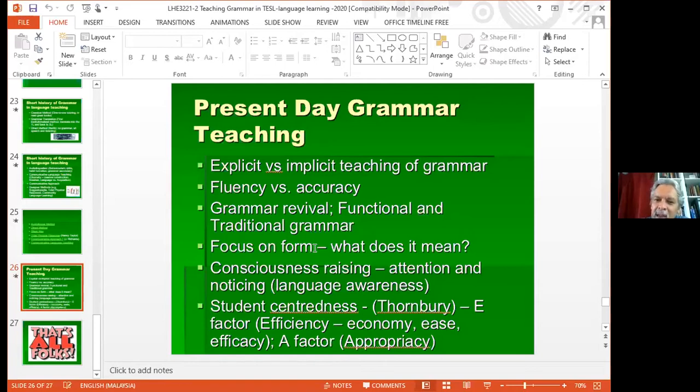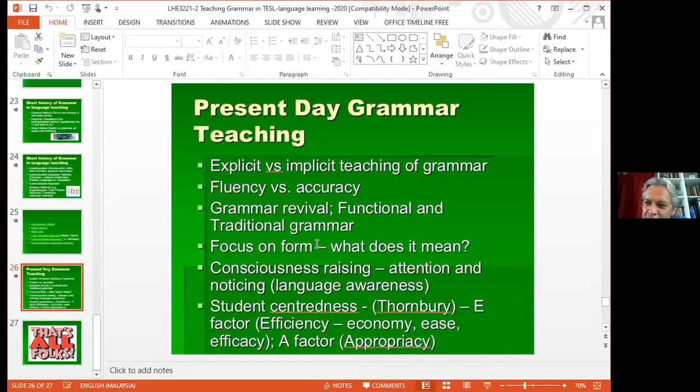The goal is to help the student understand by understanding the form. Maybe for example they don't understand the conditional, then you can just modify your teaching slightly, so that it will focus on the word if, and the word then. Okay, so that is focus on form.